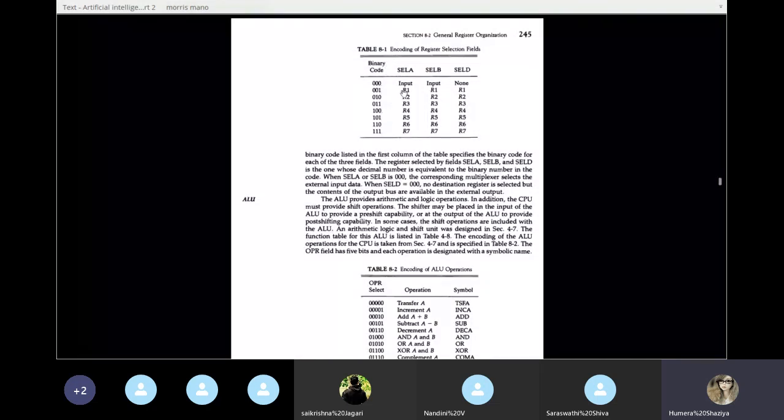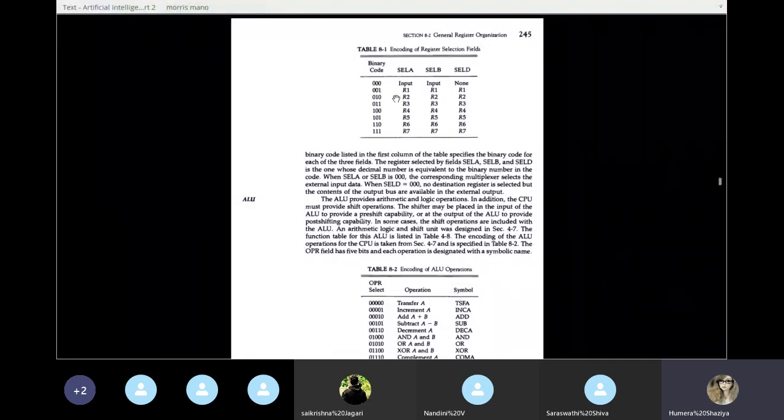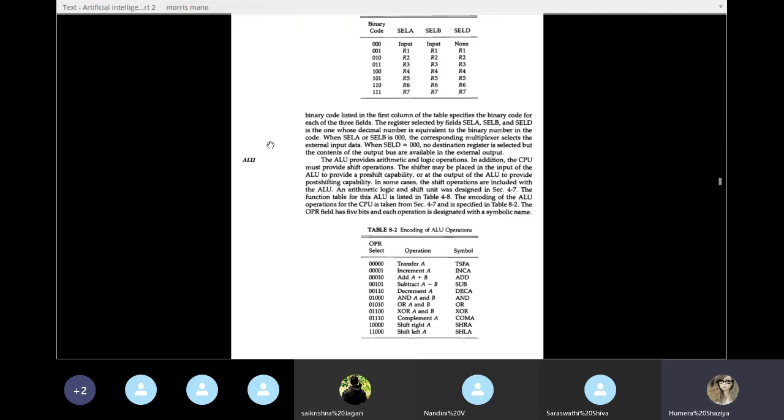If you want to choose R1 for cell A, you have to give 001. If you have to choose R2, then you have to use 010. And if you have to perform these micro operations, ALU operations, the binary codes for these operations are these.